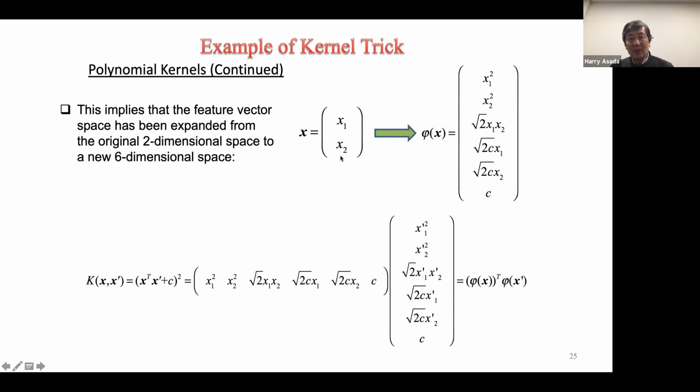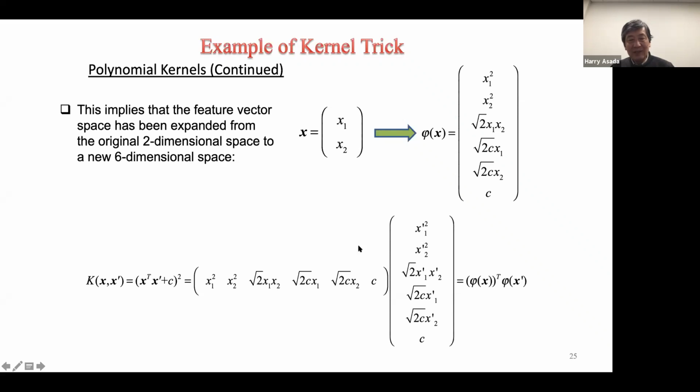The point is that we started with this, but we expanded to 6-dimensional vectors. But if you take the inner product of these two, the result is nothing but this, because we did it backwards.